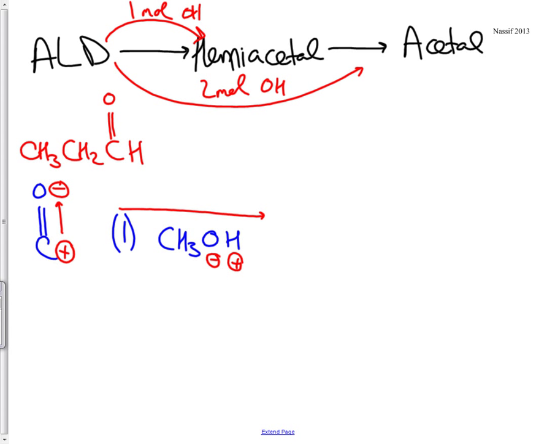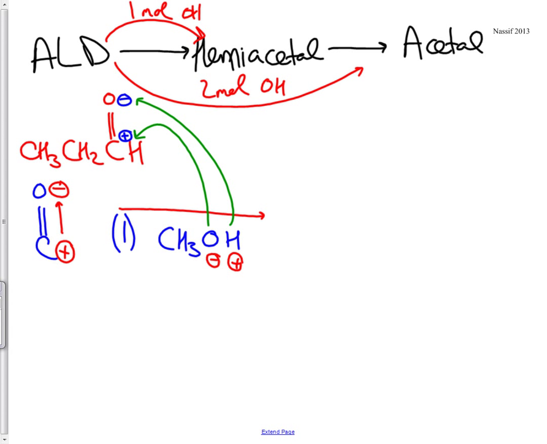So if we label our groups once again, on the carbonyl, the carbon is positive, the oxygen is negative. So when we do this reaction, this oxygen is going to attach to this carbon while the hydrogen goes to the oxygen.